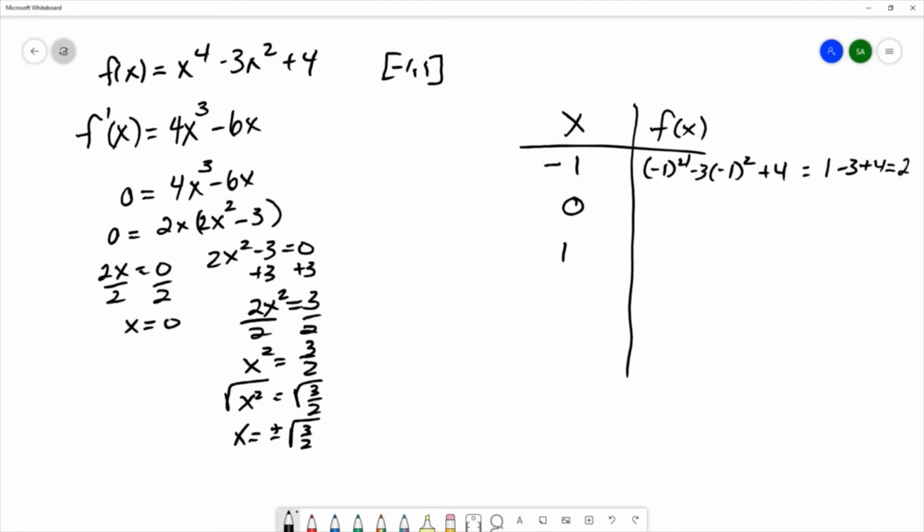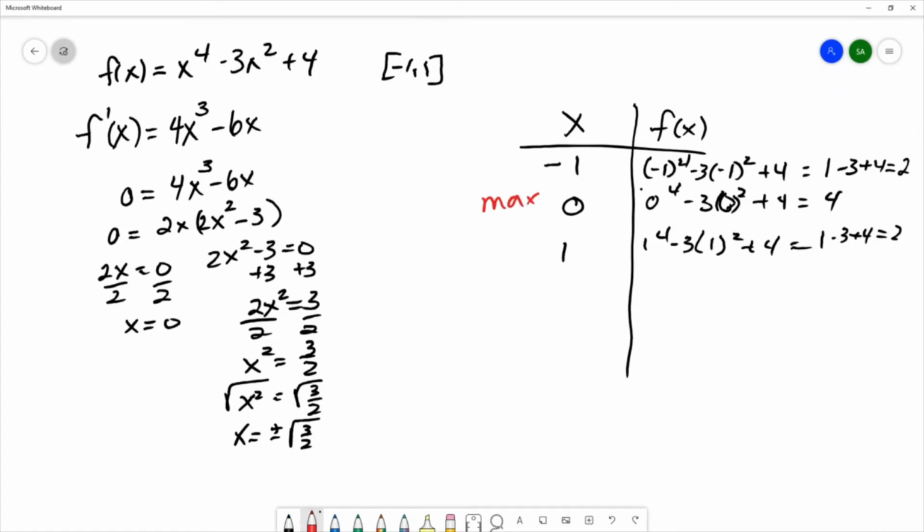That's 2. 0 to the 4th minus 3 times 0 squared plus 4 is 4. And 1 to the 4th minus 3 times 1 squared plus 4 will be 1 minus 3 plus 4, and that's 2. So the highest will be your max. We're going to have a max at 0, 4.